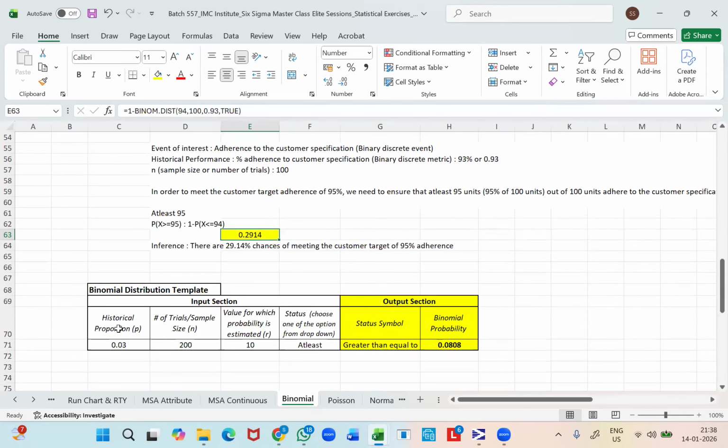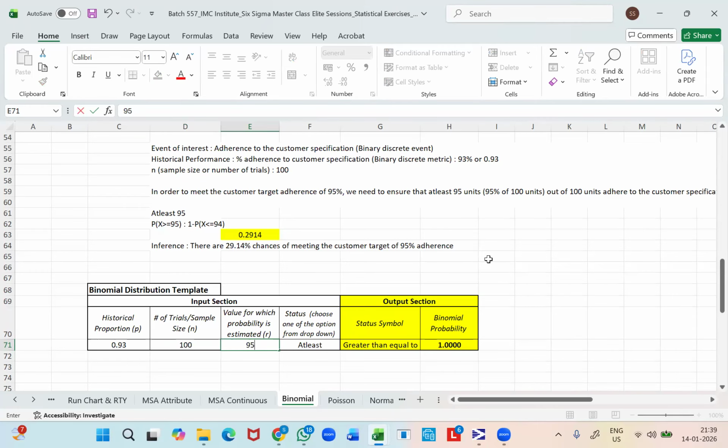But if you're using the template to solve this, what are the input values that we need to feed in here? The historical proportion value will be 0.93, the number of trials or the sample size will be 100, and the value for which we are estimating the probability is at least 95.